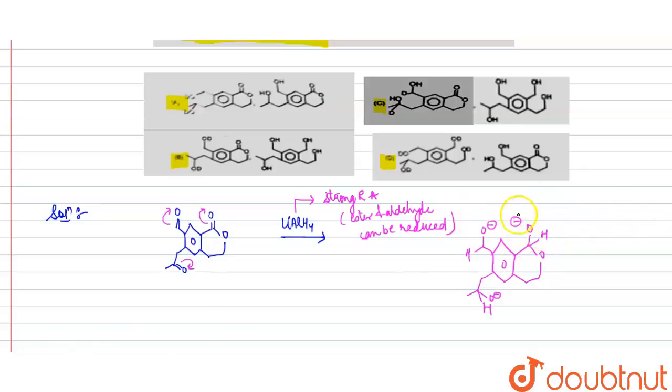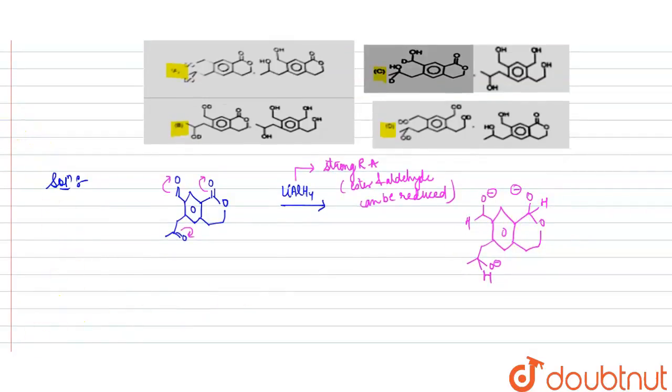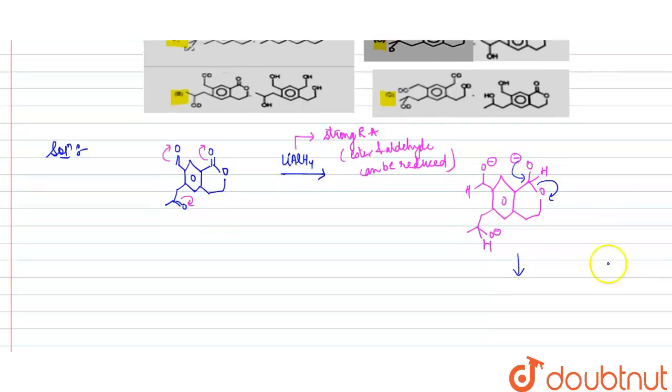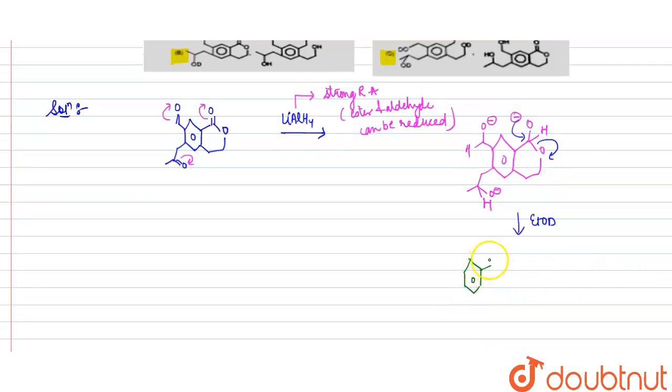Now we see here carbon is leading to the formation of 5 bonds, and carbon should not form 5 bonds. What will happen? This negative will come down, this will shift here, and as a result when the solvent EtOD is added, it will attach wherever there is a negative charge in the above case. So the resulting product formed as a result of this reaction will be like this.